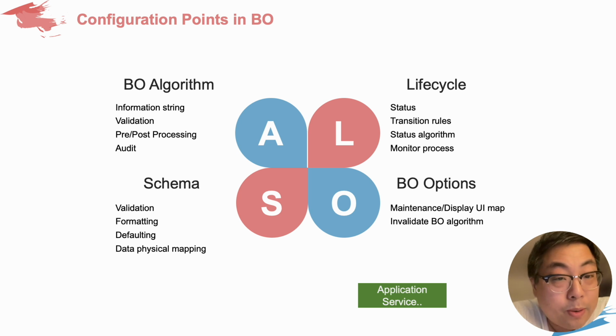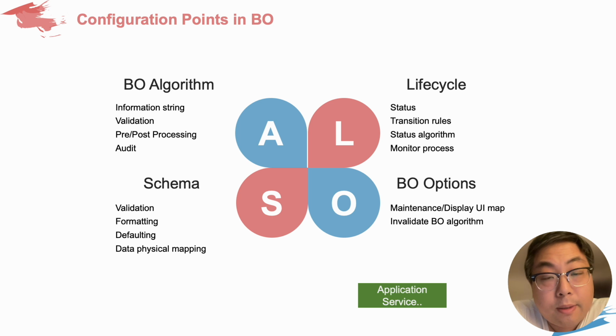I made a word called also. Actually, that's just the four different aspects of the business object. So the first is the business object algorithm. For example, you define information strings for the business objects, validation rules, pre-post processing, audit, these different types of rules.